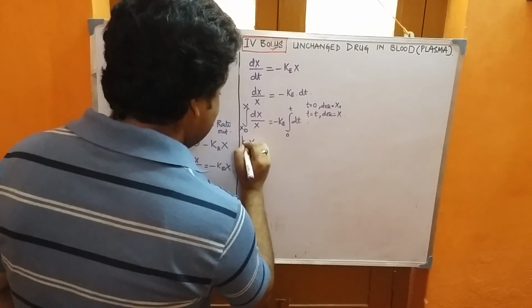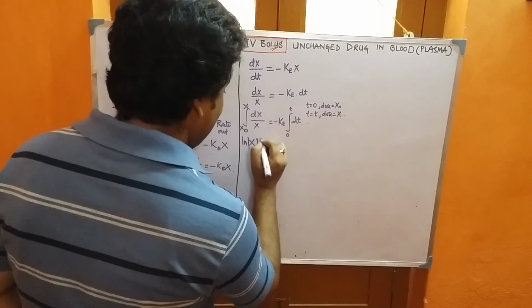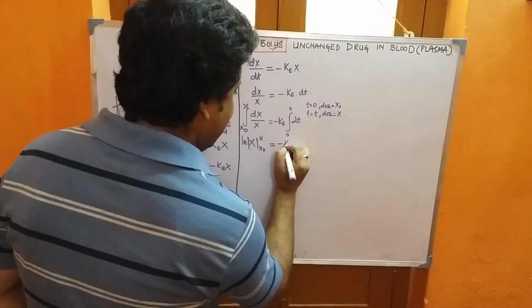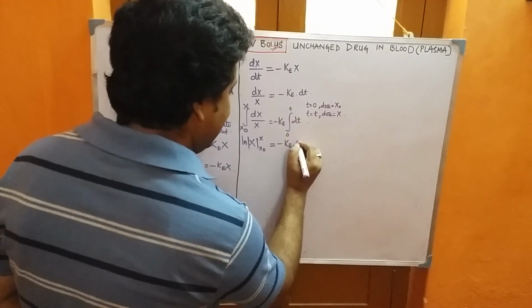1 by x dx is ln x. So it is x naught to x, minus Ke times t minus 0, so it will be directly t.